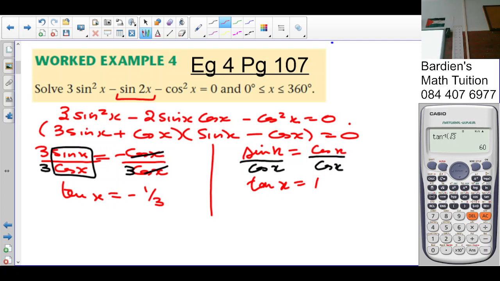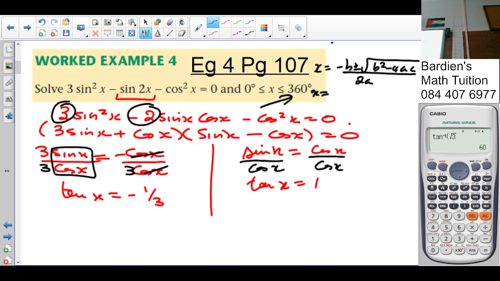Quadratic formula. If you substitute this into the quadratic formula, x is equal to minus b plus minus the square root of b squared minus 4ac, over 2a. So your b value is negative 2, your a value is 3, and your c value is negative 1.